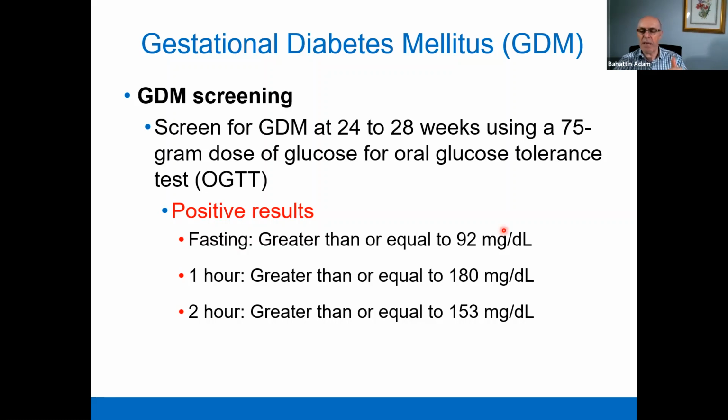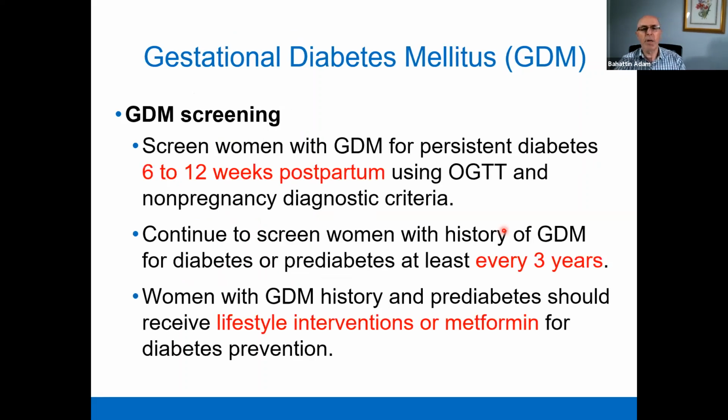If it is greater than or equal to 92 milligram per deciliter, you can diagnose gestational diabetes. Or after loading glucose orally, you withdraw blood after 1 hour and 2 hours, and then get a diagnosis of gestational diabetes mellitus.